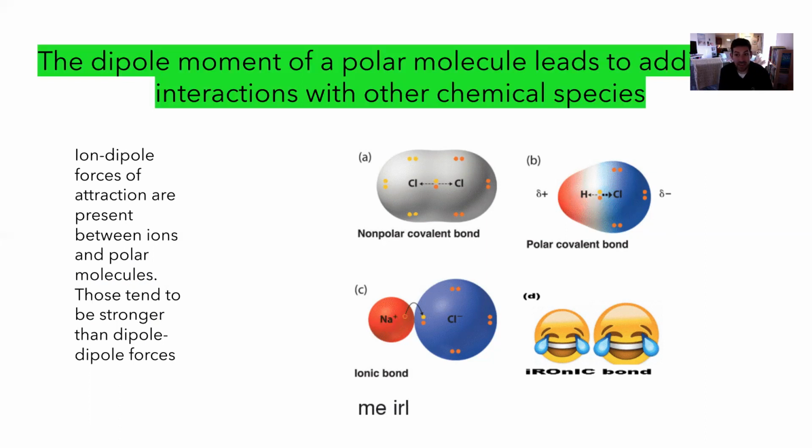It's forming that ion that is a permanent charge, not a dipole. It's not a partial charge. It is a full-on charge, and the chlorine is getting the full-on negative charge. So this is like full credit, the polar covalent is like partial credit, and then nonpolar over here is no credit. And then of course an ironic bond is just a really funny joke, so that's why we have the laughing emoji.